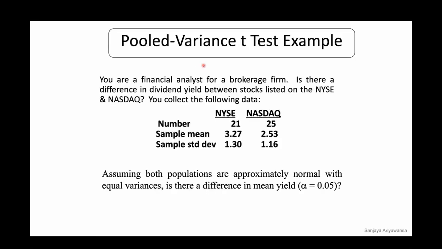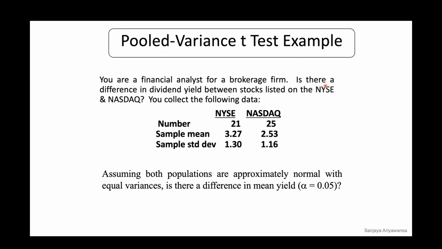So how do you do this? First, as usual, write down the H0 and H1. Now, how do you know it's a two-tailed test? Because the question asks, is there a difference in the dividend yield between stocks listed in these two exchanges?